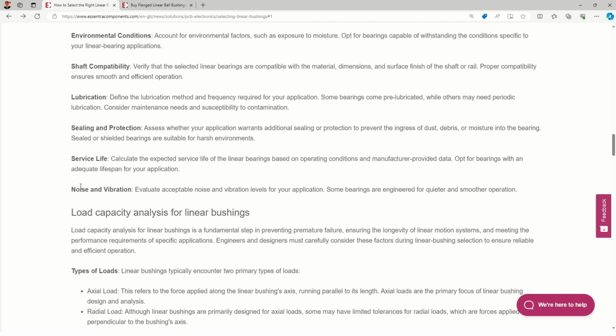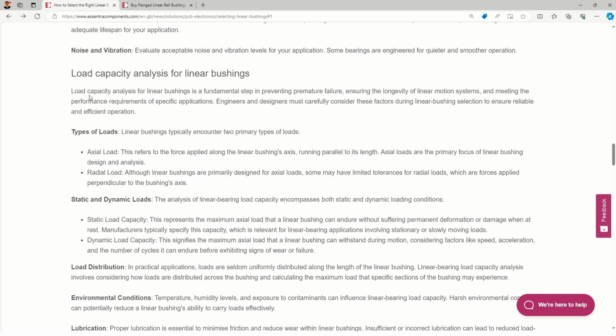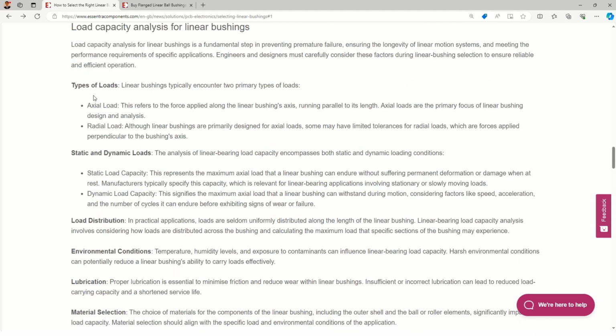Now let's see what the load capacity of the linear bushings is. Types of load can be axial load and radial load. Axial load is nothing but the force which comes along the axis of the linear bushing, running parallel to its length.